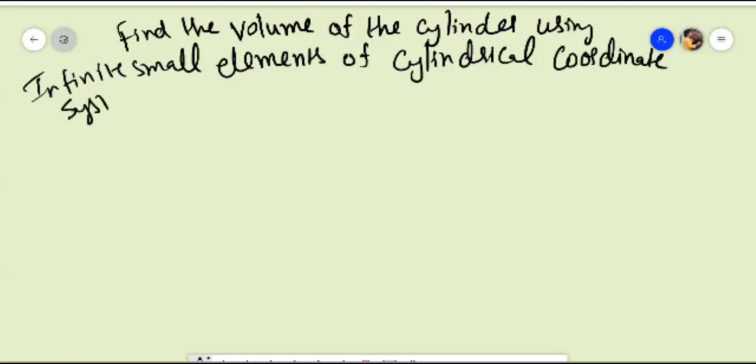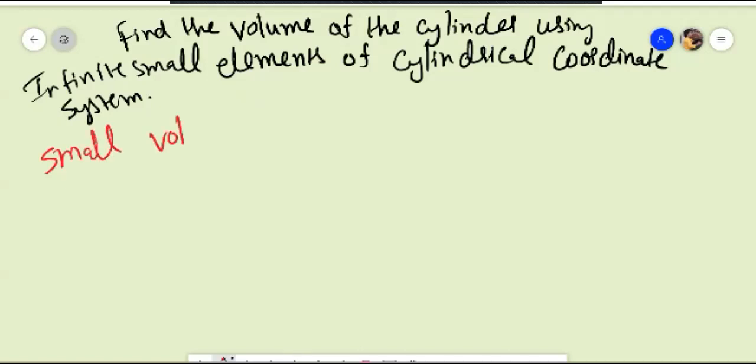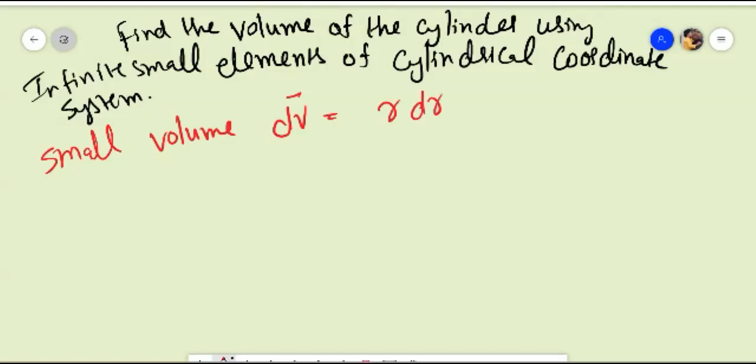Cylindrical coordinate system. Okay, let me change the pen color, and it will be more visible to you. So we know that the small volume dV is given by r dr multiplied by d phi cap multiplied by dz cap, or dz vector.